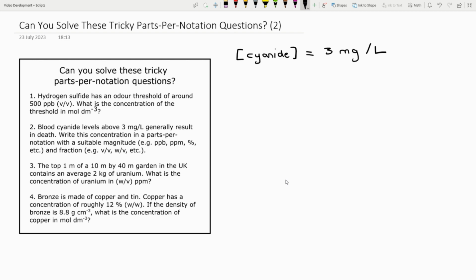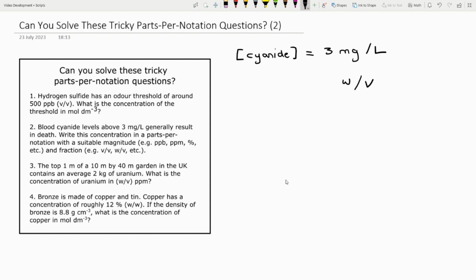Milligrams is a unit of mass, with which we're going to use the symbol W, and litres is a unit of volume, which we're going to use the symbol V for. So you can see we've already got W over V.